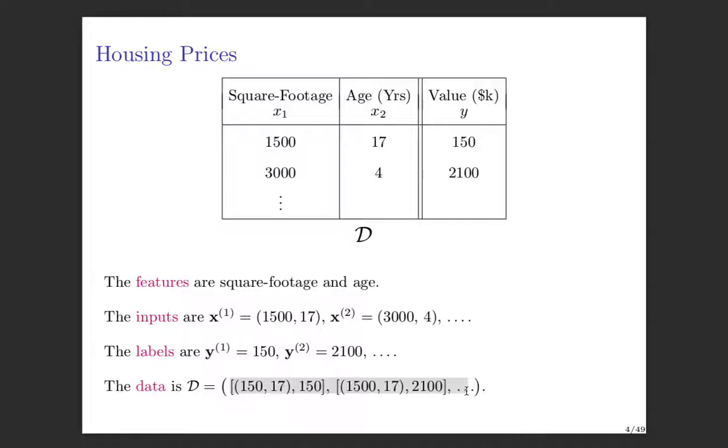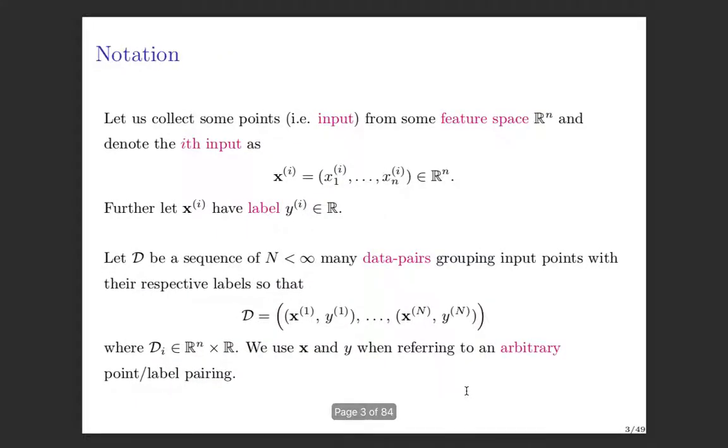Basically, I have a bunch of data which are features associated with values. The vector x to the bracket i is notation for the ith input. The ith input is going to have label y bracket i. We use bracket i just so you don't get confused and think it's exponentiation.